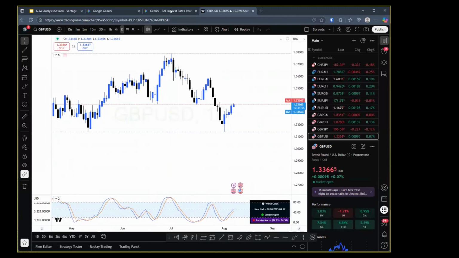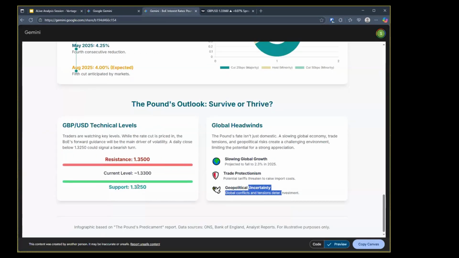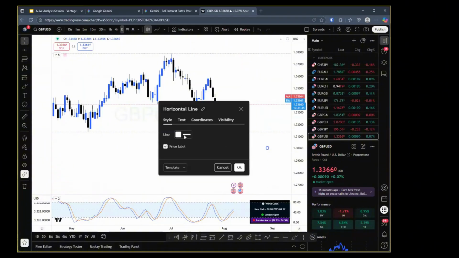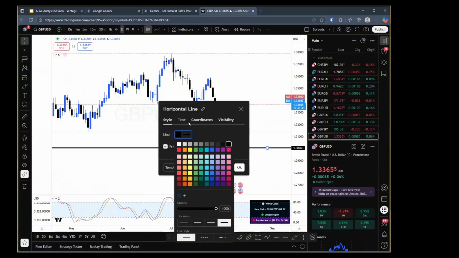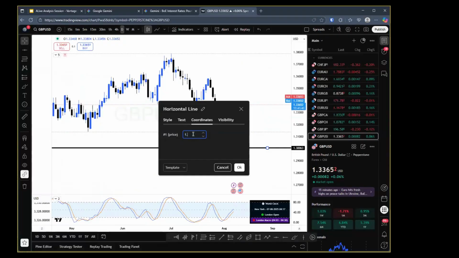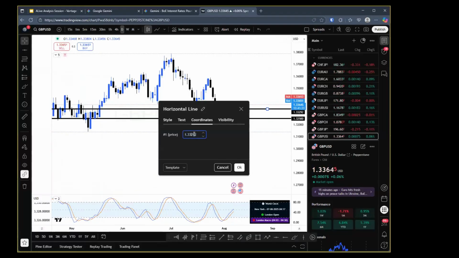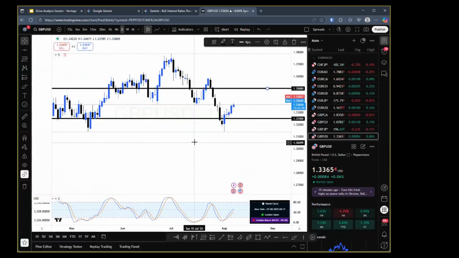Okay, so this is pound dollar. Again, these are the key points, 1.3520. We just want to highlight those areas. Change this to black, and then 1.3250. This is the support that Gemini has mentioned, and this is the range that they're looking at.